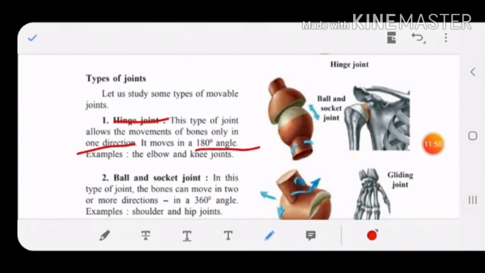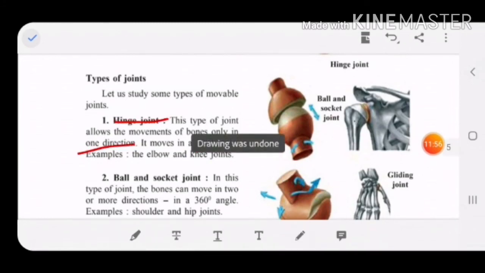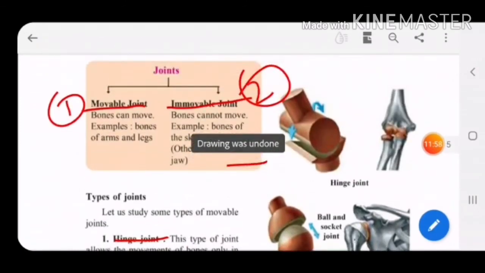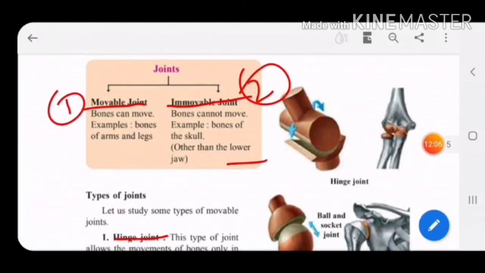Example, elbow and knee. See here, children, this is the elbow and knee. The picture is above. They can move only in one direction. They can't move backward. So these bones of the elbow and knee are connected by the hinge joint.